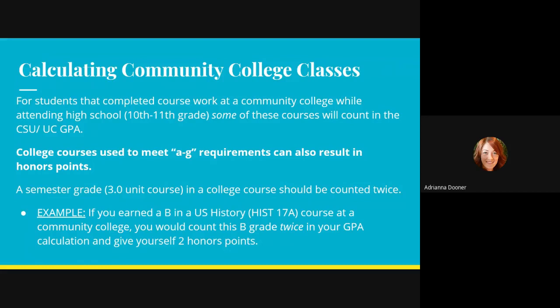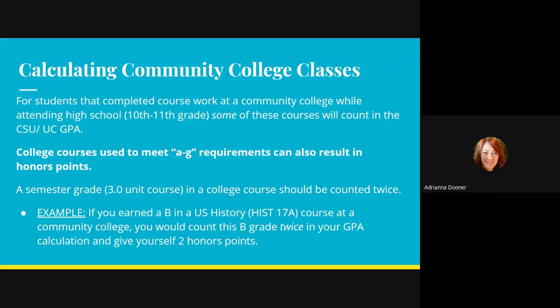So we also get a lot of questions about calculating community college classes, since we have students that are in our early college program and students that are just supplementing on their own and taking community college courses, especially during that 10th and 11th grade window. So the community college classes, we also weight them on your high school transcript, and they are considered weighted by the CSU and UC system.